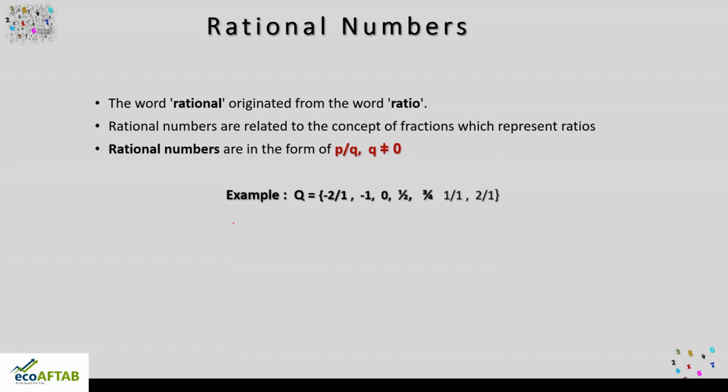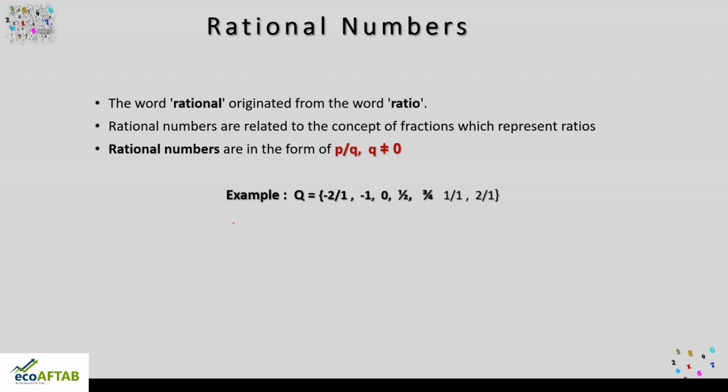So, as an example of rational numbers, I can say a set of rational numbers such as -2 by 1, -1, 0, you can say half, you can say 3/4, or you can say 1 by 1. All these things constitute rational numbers. So every natural number is a rational number.